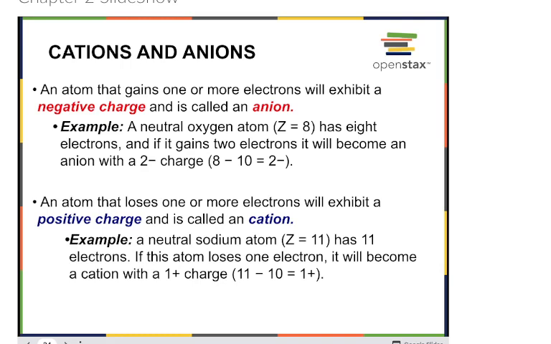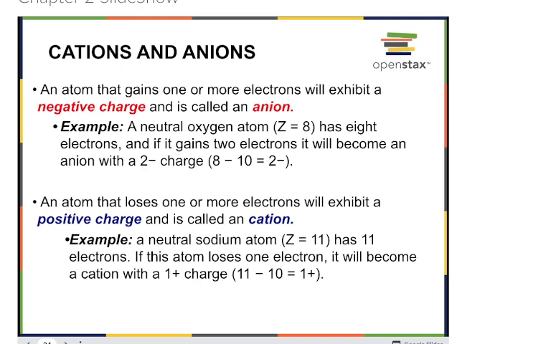Let me go over that again. A neutral oxygen atom, Z equals 8, has 8 electrons. If it gains 2 electrons, it will become an anion with a -2 charge. You have 8 protons, and now you have 10 electrons.